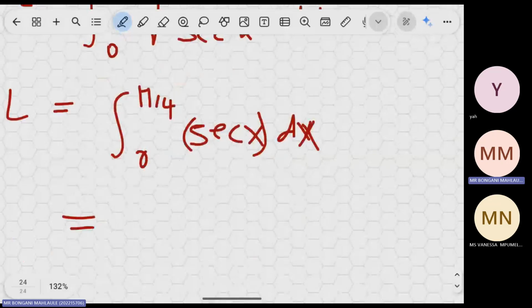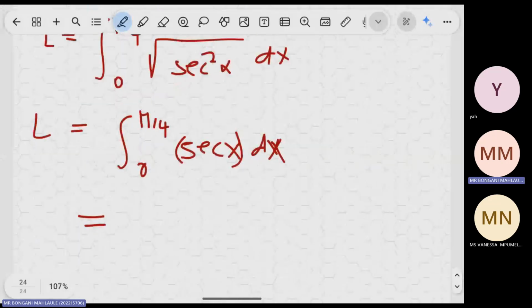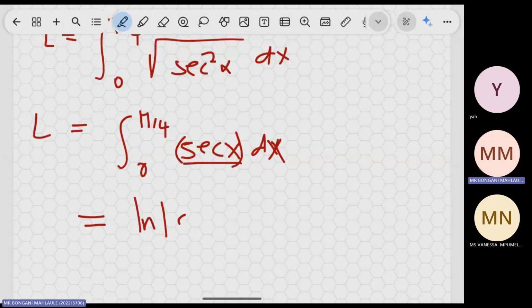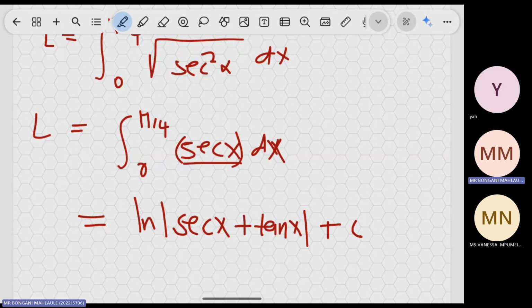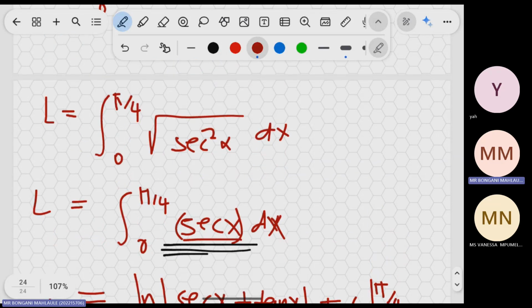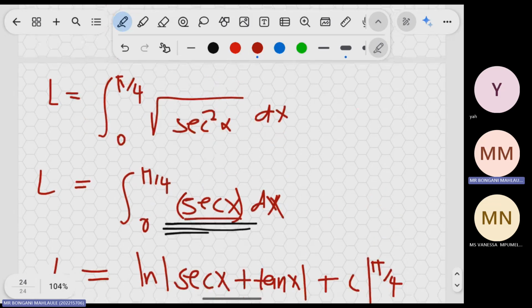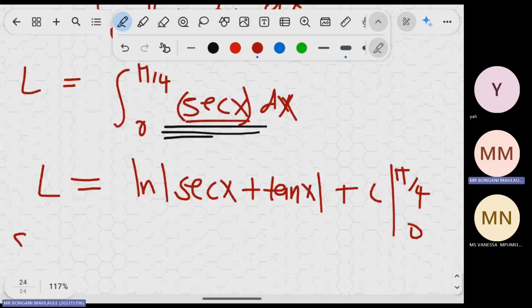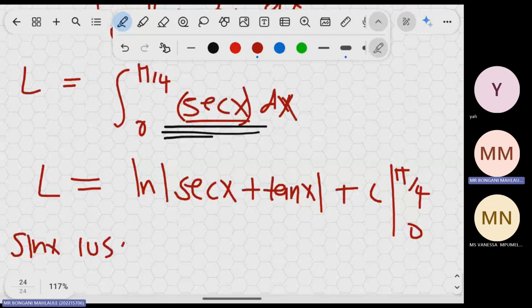So the integral of sec x is ln of sec x plus tan x. Remember this, because I know you forgot, and in the test some of you are going to forget.